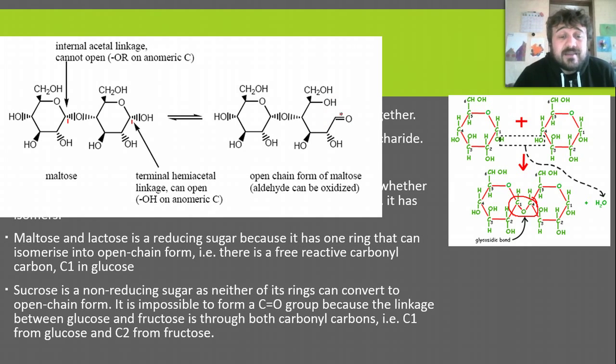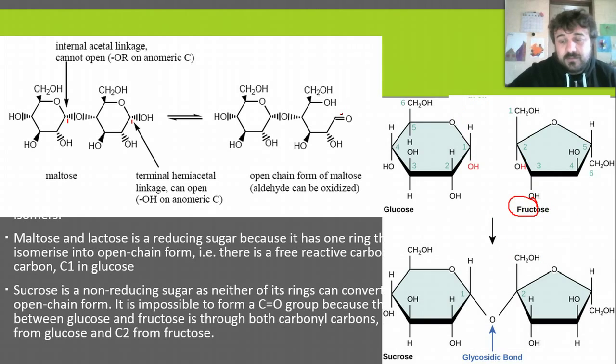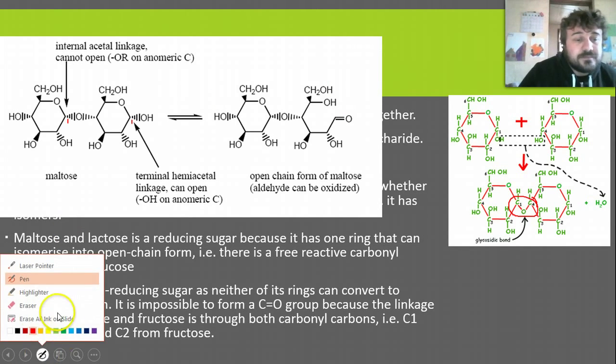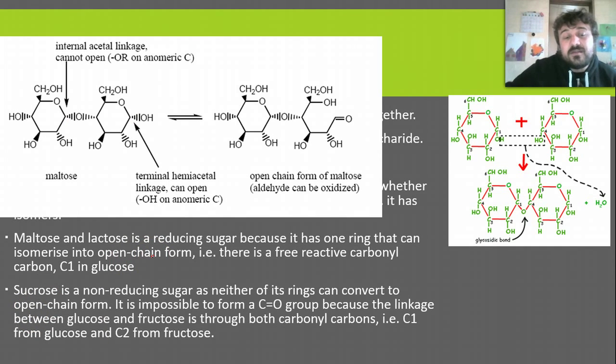Sucrose, on the other hand, is a non-reducing sugar. Neither of its rings can convert to an open chain form. You can't get that double bonded carbonyl group because the glycosidic link is between what both carbonyl groups would be.